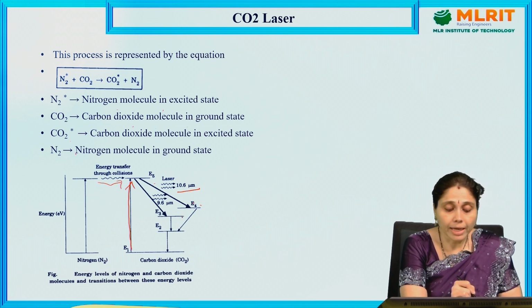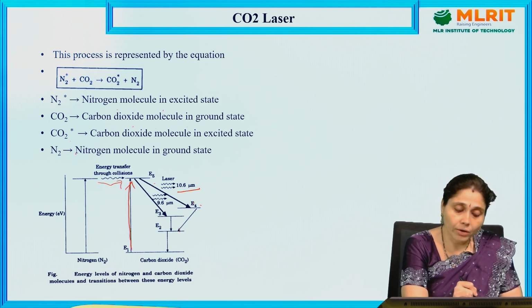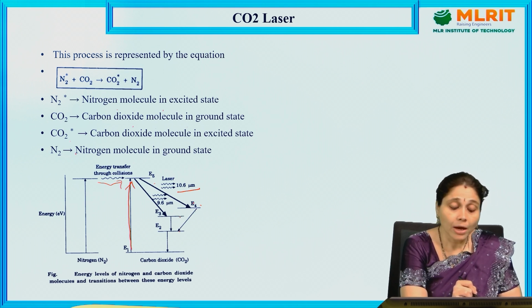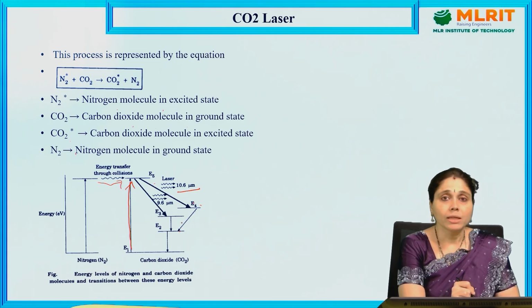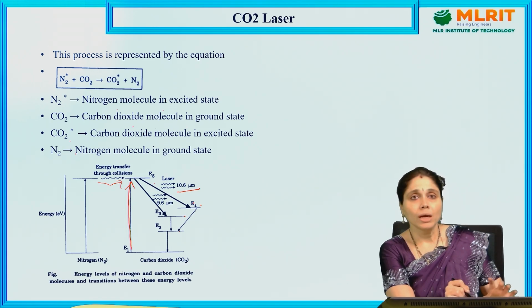Next, E4 to E2 is a non-radiative transition, E3 to E2 is also non-radiative, and E2 to E1 is also non-radiative, where the atoms return to the ground state. This is what happens in the CO2 laser working.